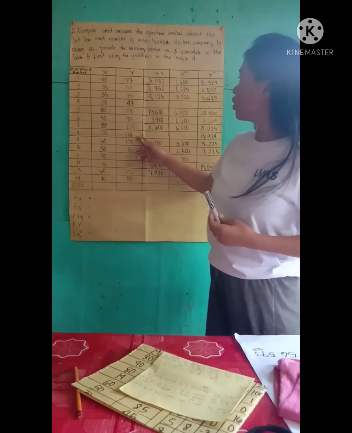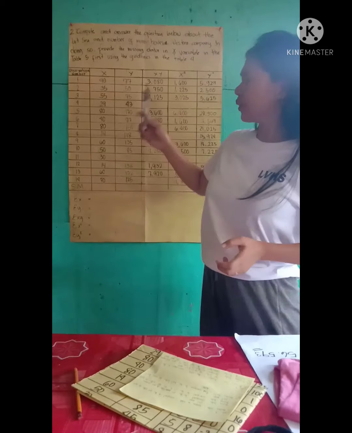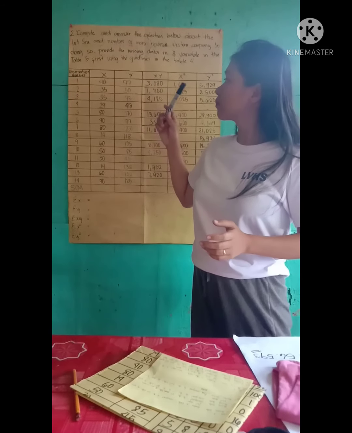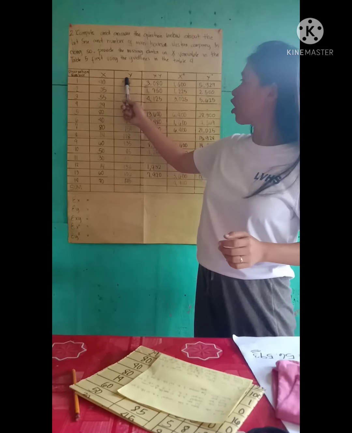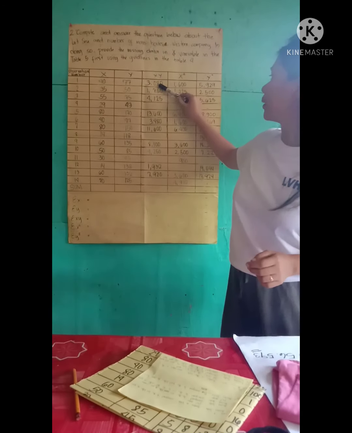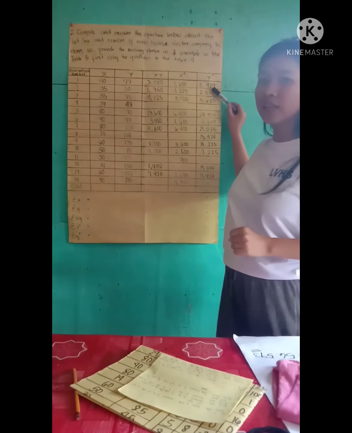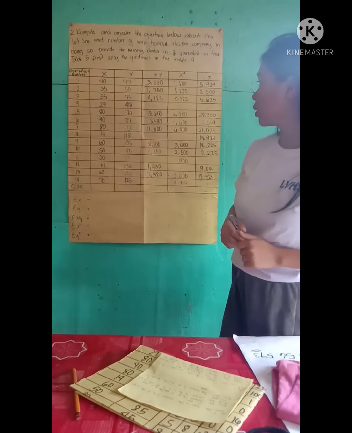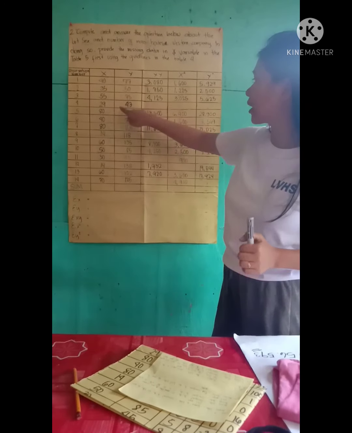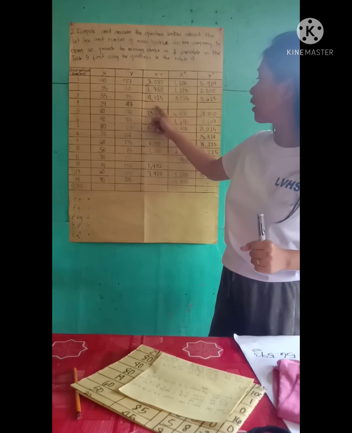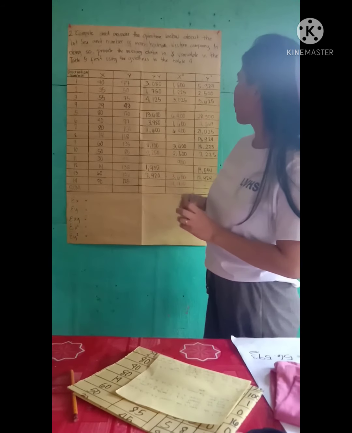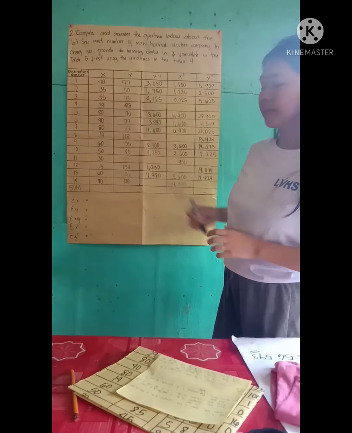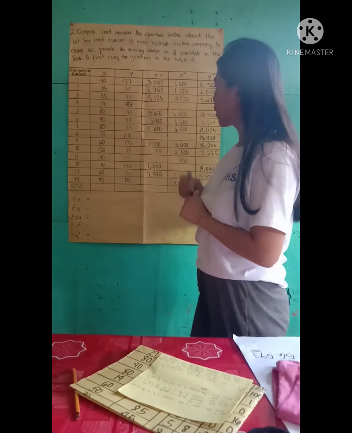So now we already complete the column x and the column y. Let's solve for the x squared and the y squared in order for us to complete the table. We don't have an xy in number 4, so let's solve for it now.